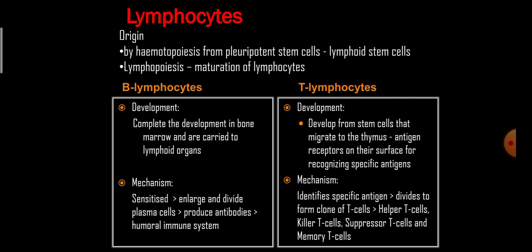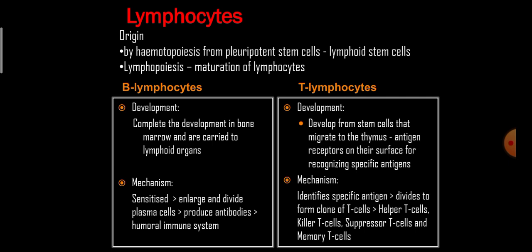The formation of these blood cells is called hematopoiesis. In this process, the lymphocytes are also produced, through pluripotent stem cells. These stem cells have the ability to develop into different types of blood cells.